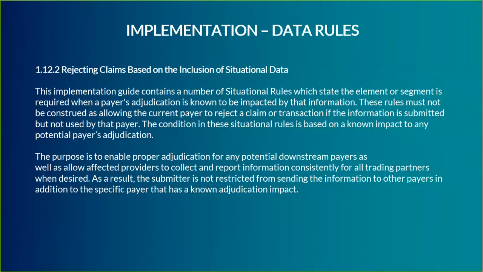And so what they want to do is get the information back and then rebuild using the code that the commercial payer uses. So those are the kinds of business rules that are not spoken to within the implementation guide, but can still have very much an impact on the adjudication of a claim.